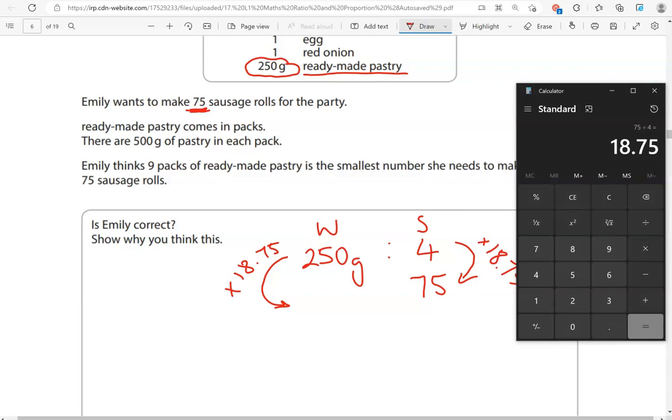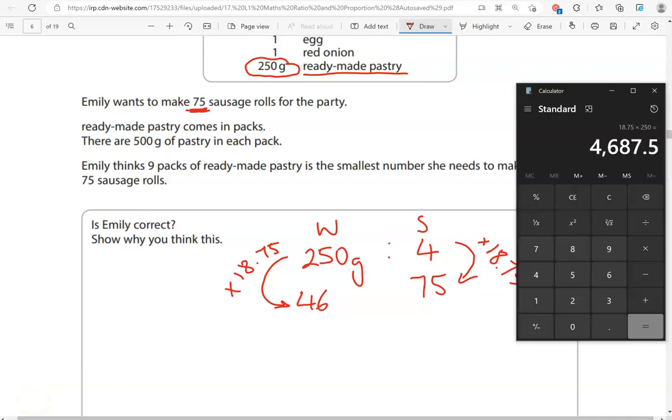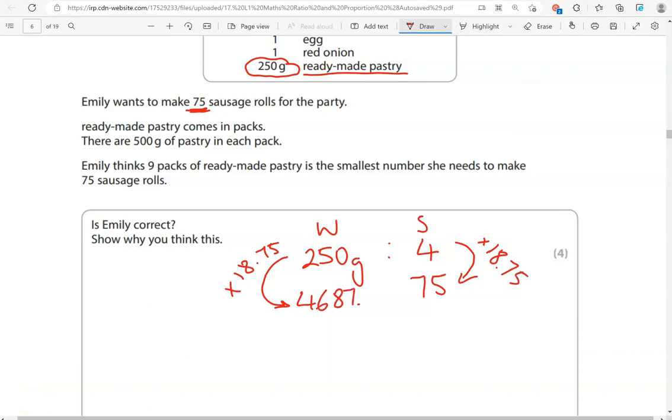So 18.75 times 250 gives us 4,687.5 grams. That's how many grams of ready-made pastry are needed.